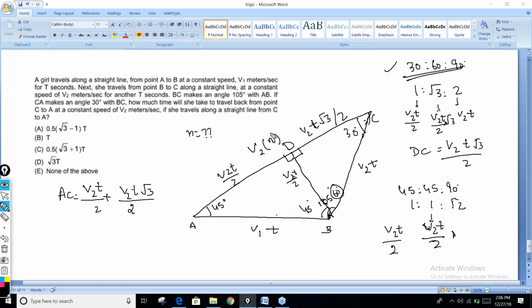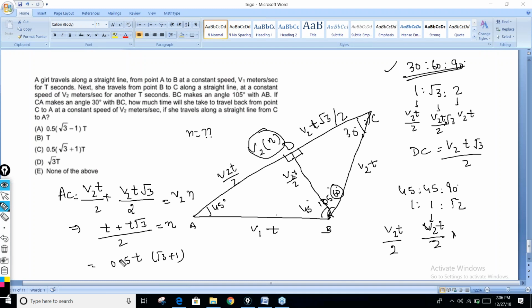And that is equal to v2n. What I'm trying to find out is the value of n in terms of t, because options are given in terms of t only. So v2 will be cancelled. What is left is t plus t root 3 upon 2. That is the value of n. So what is the answer? The answer is 0.5 t into root 3 plus 1.